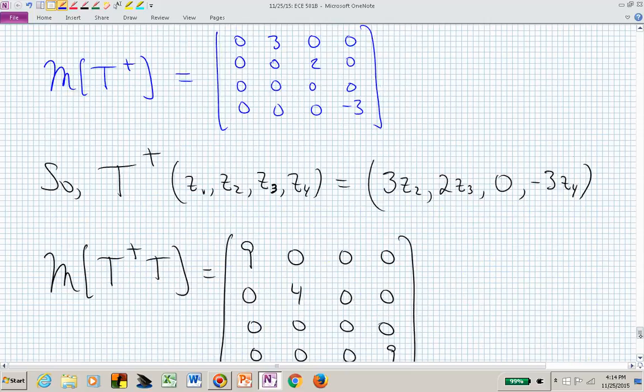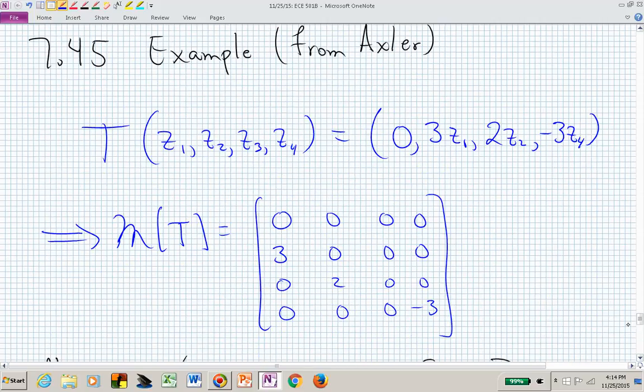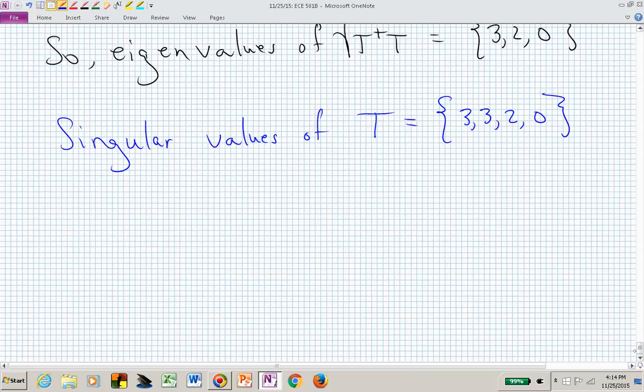And if we go back to the original map, T, what did we have? The original map T had eigenvalues of -3 and 0.